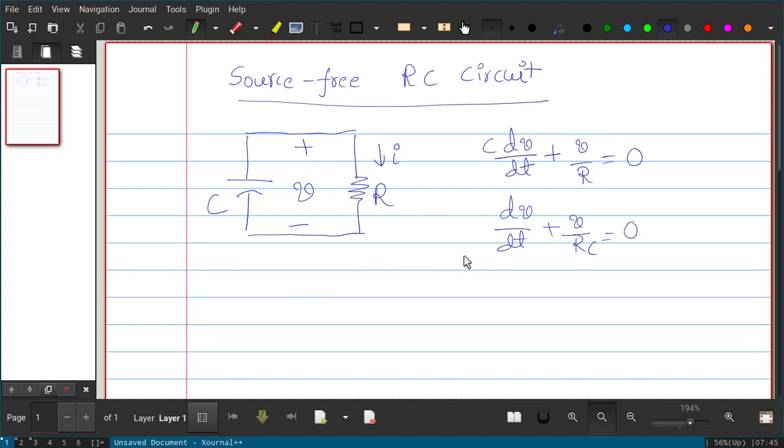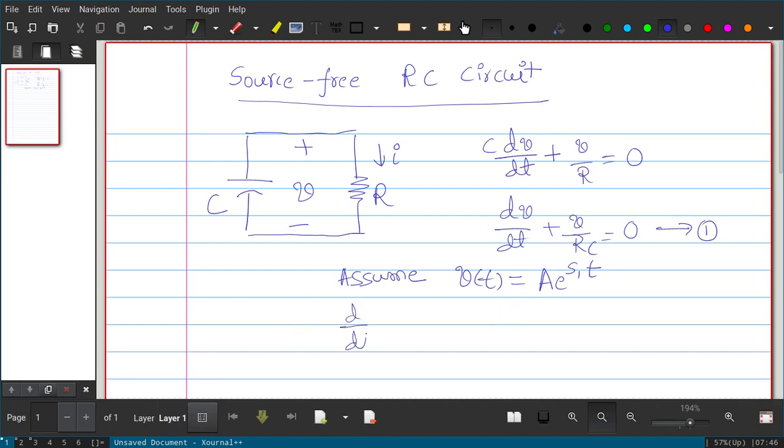This is the first order linear differential equation we have obtained, and the same method we used in the source free RL circuit we will follow here also. We will assume the solution. Assume V of t is equal to A e power s1t, and substitute in equation 1.